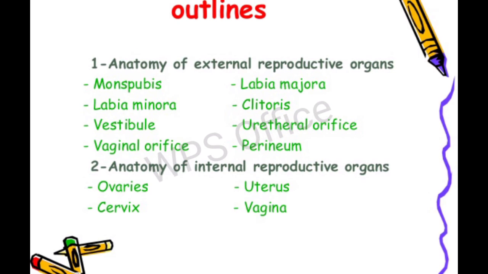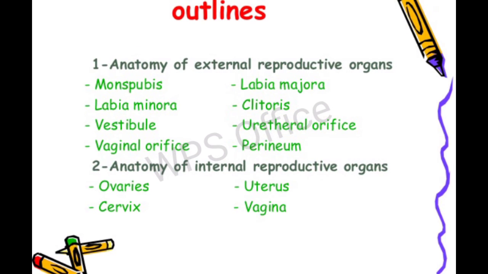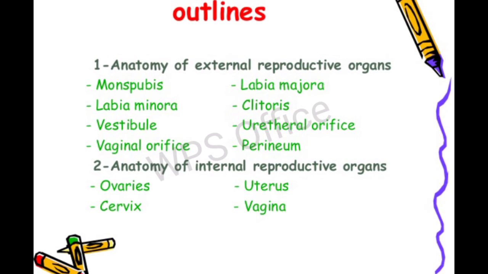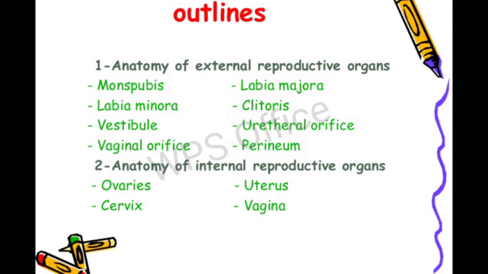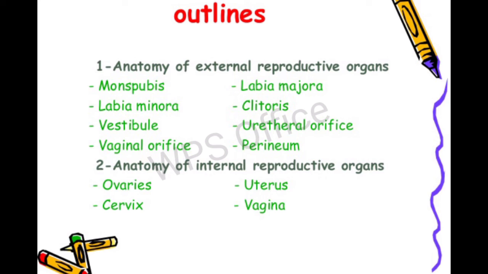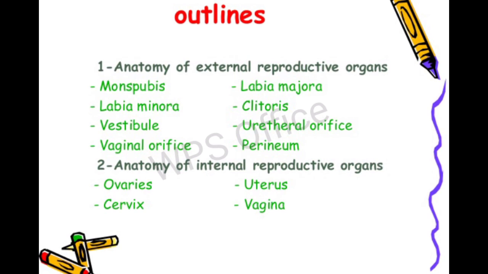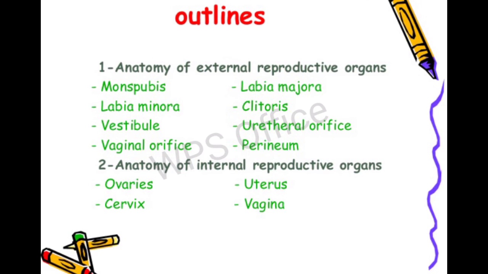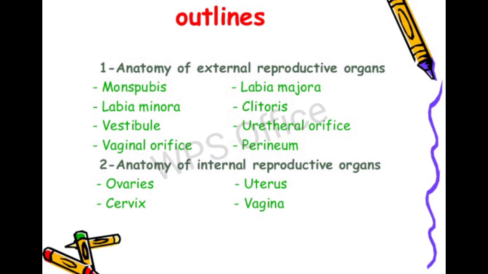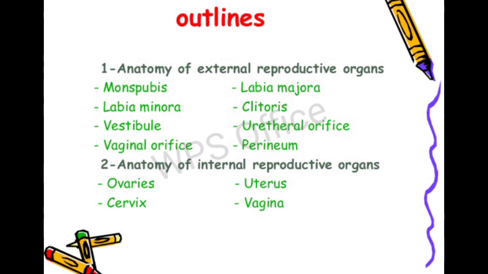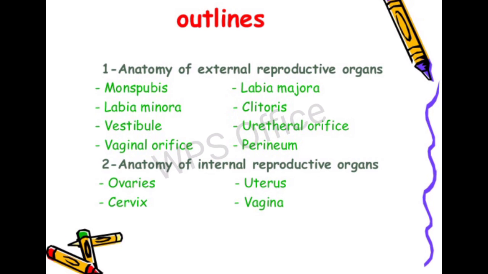Under the external genitalia we have seen the mons pubis, labia majora, labia minora, clitoris, vestibule, urethral orifice, vaginal orifice, and perineum. Then the internal reproductive organs: we have the 2 ovaries, 1 uterus, the cervix, the vagina, and the 2 fallopian tubes.